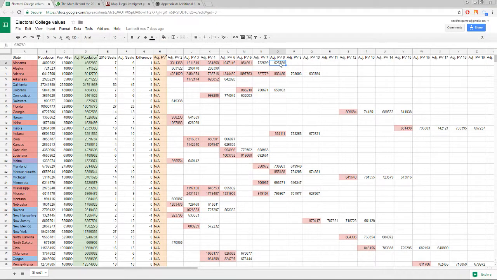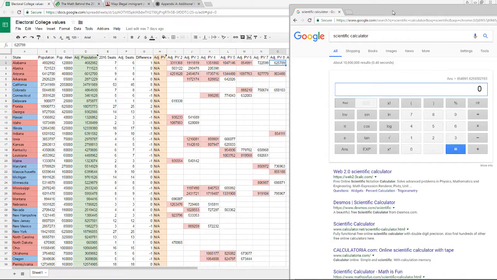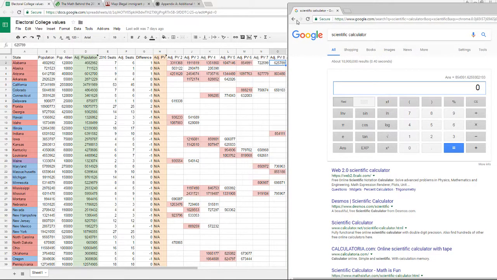I also did seat number 8. And I'm just trying to show you my process so you can see how I did this if you want to do it yourself, or, if you want to check my work, this is how it's done.